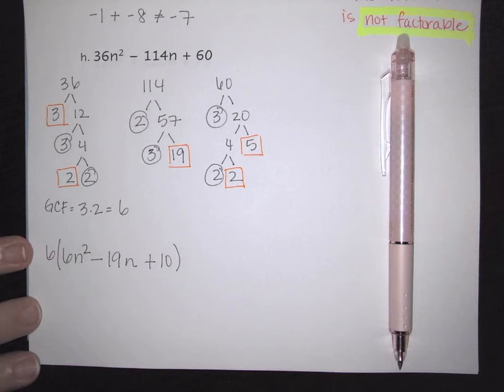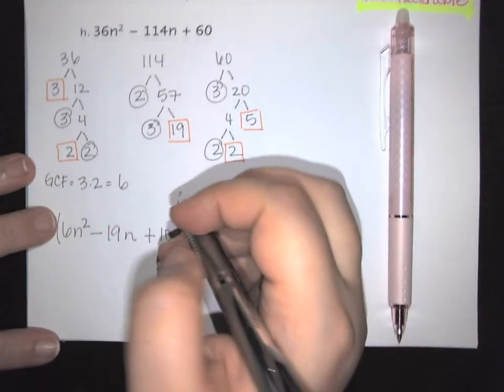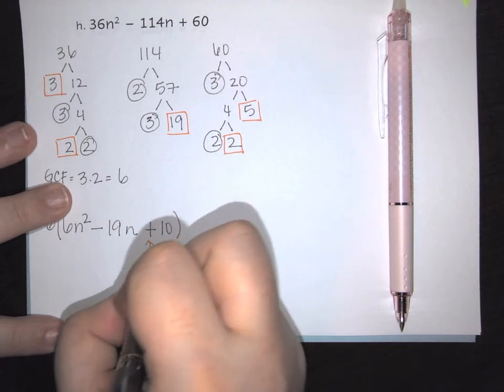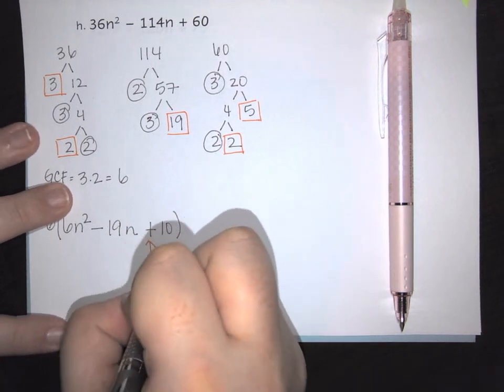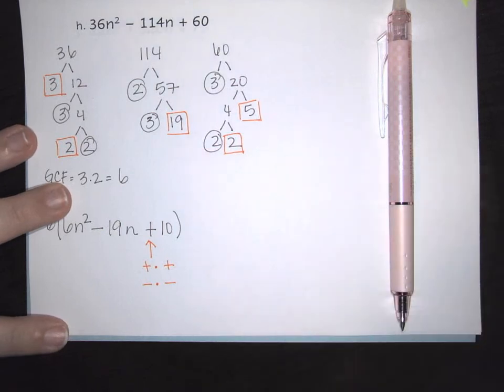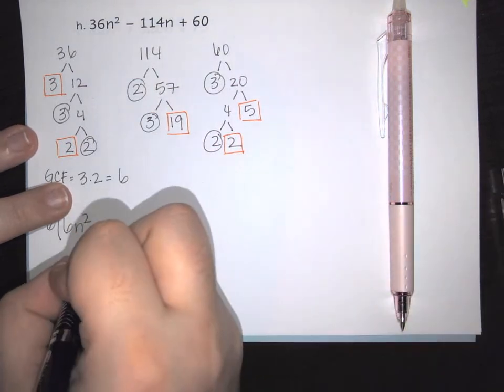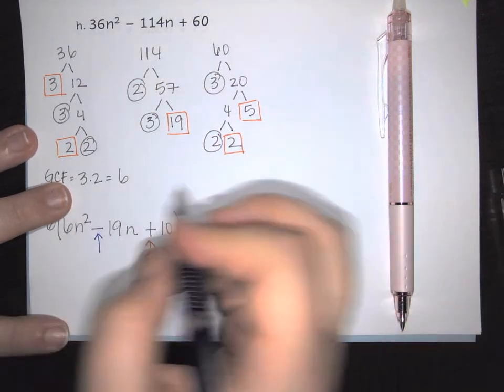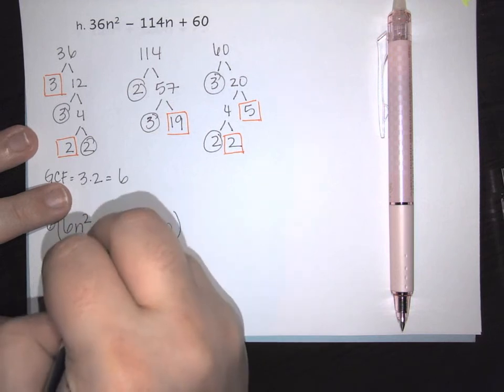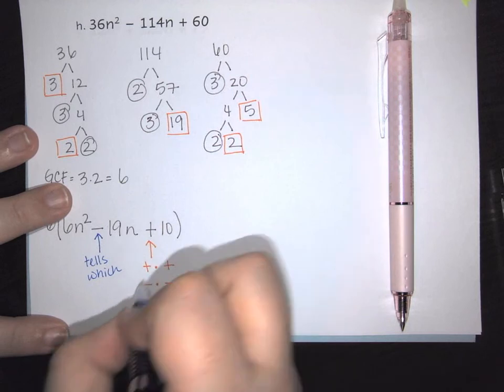So, identifying its pieces, what do we know? This back term is going to tell you that you have positive times positive, or negative times negative. This middle term tells you which to use.